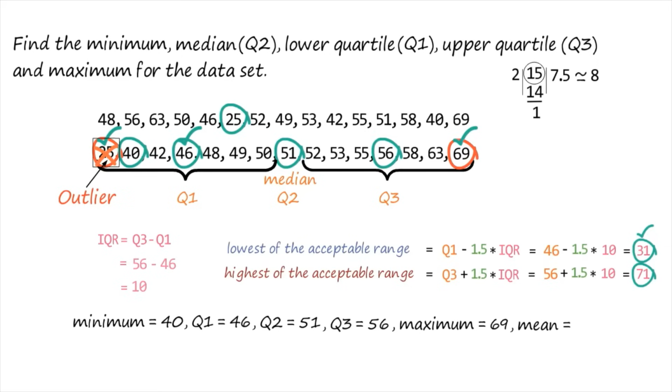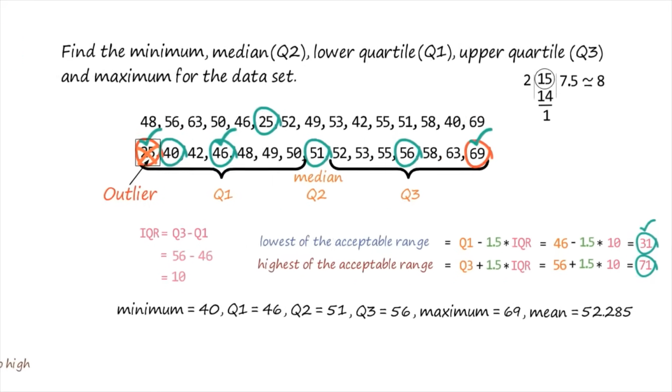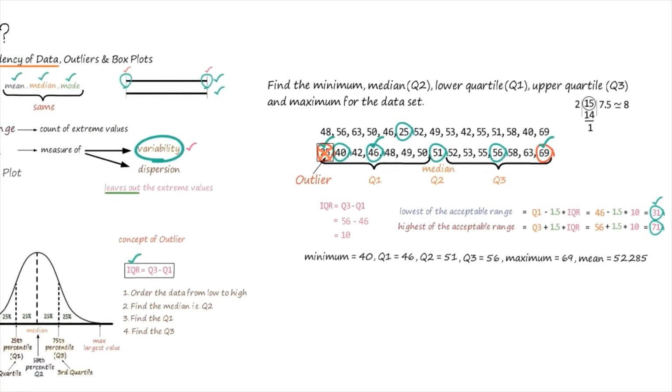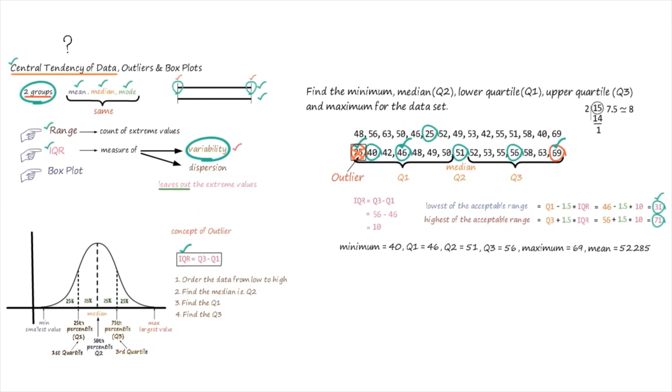So just make a note: if an outlier is identified while taking the average, you have to exclude the outlier and then calculate the mean. I have already done this one. The mean value will be near about 52.285.